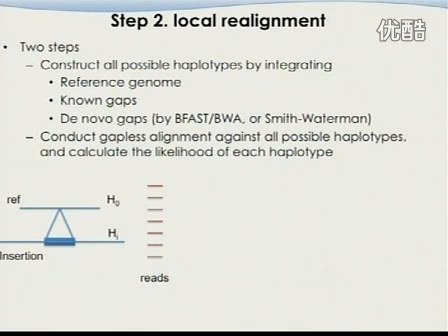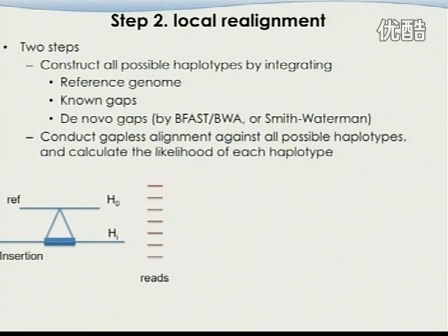So you have the reference genome. If one or two reads support an insertion here, you want to use this as one of the candidate haplotypes. So you create a new insertion, a new reference genome around this local area. Does that make sense?